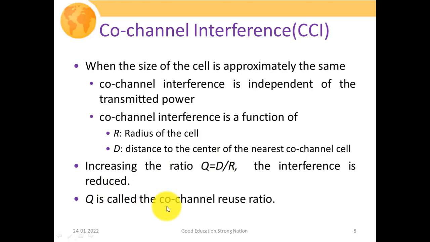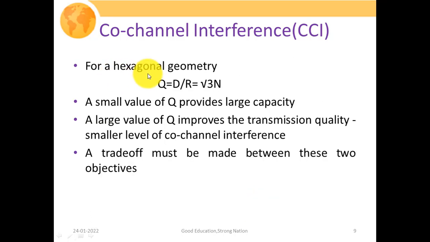Here Q is called the co-channel reuse ratio. So if the value of Q is larger, then it gives us a minimum amount of co-channel interference. This we have already studied.